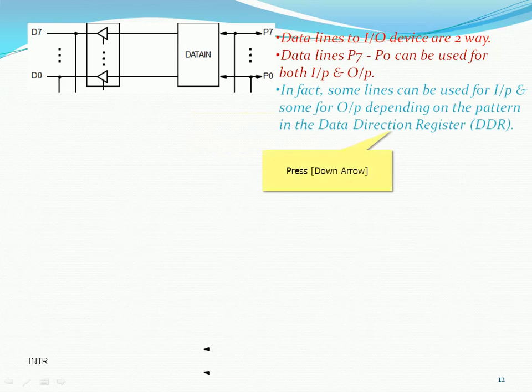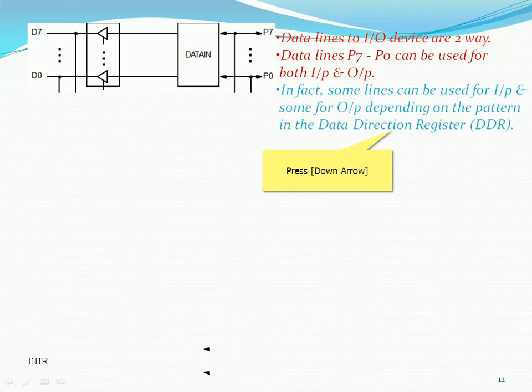In fact some lines can be used for input, some for output, depending on the pattern. This can be decided by the contents of the DDR. What is a DDR? Data direction register.